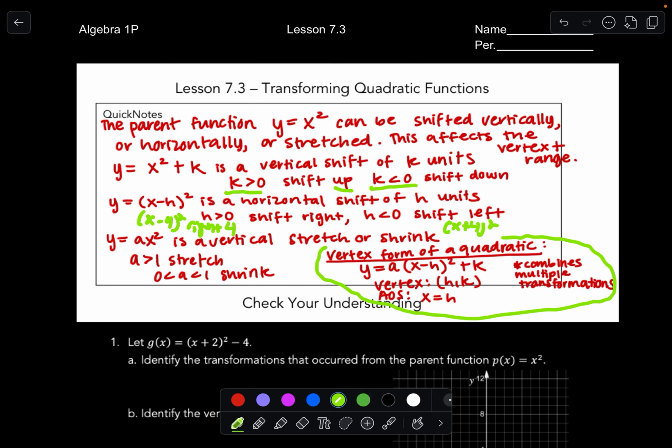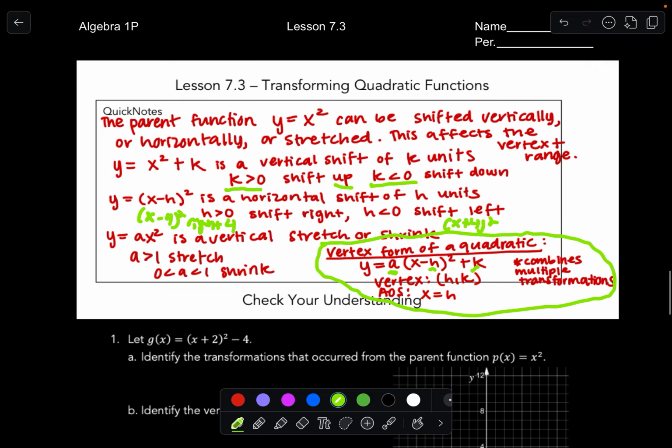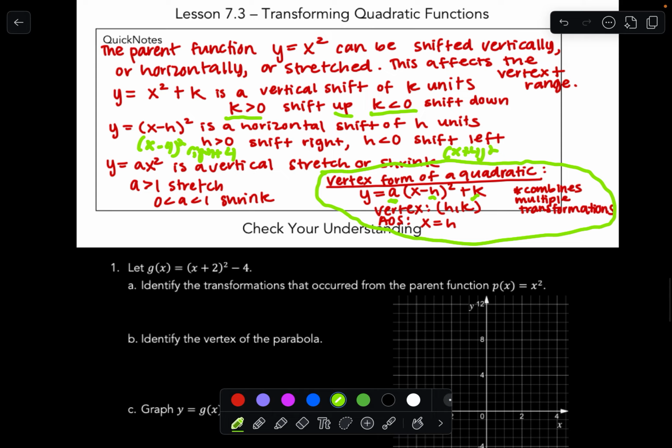It's the easiest thing to graph because you know where the vertex is, and you know the a will vertically shrink or stretch it, and you know the axis of symmetry.